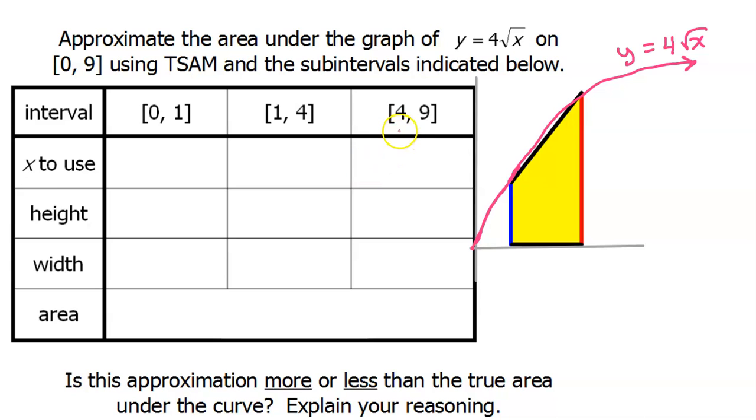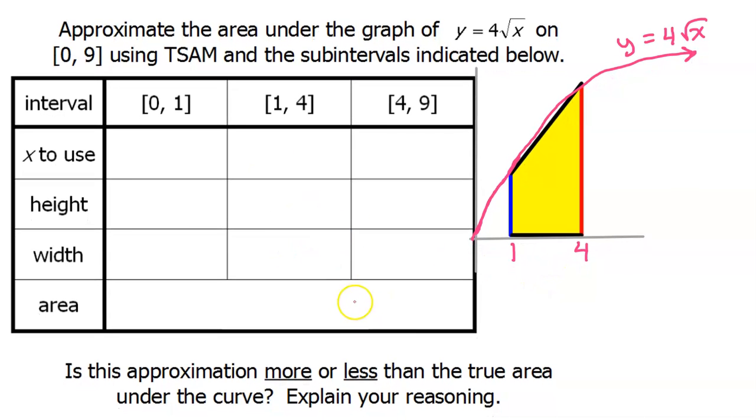But for right now, let's do the middle interval. So between 1 and 4, let's think about what's going on. In terms of which x value to use, I normally don't even put this row on a TSAM chart because we always just use both. We're going to use both of the values, because remember that this is a sideways trapezoid.